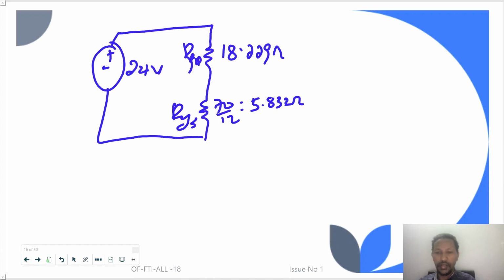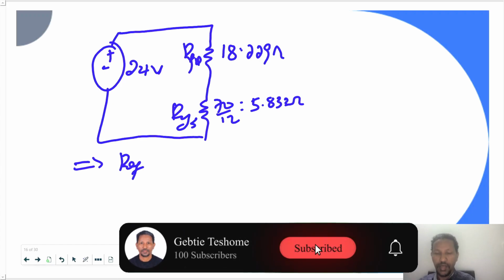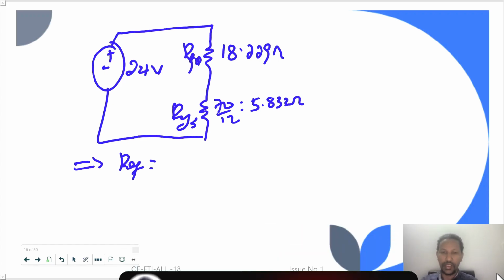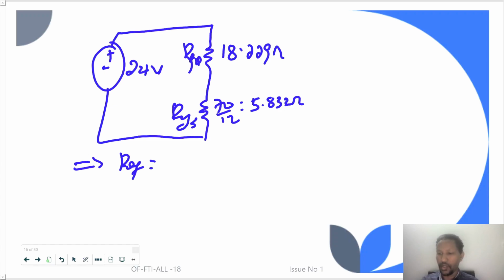Finally, the final equivalent resistance for the given network is given by R equivalent 4 in series with RY3.